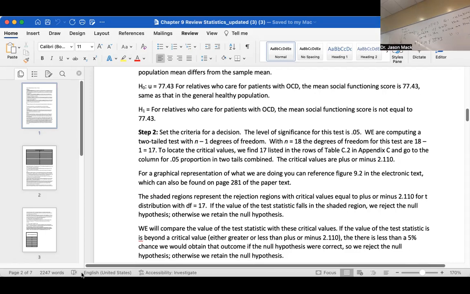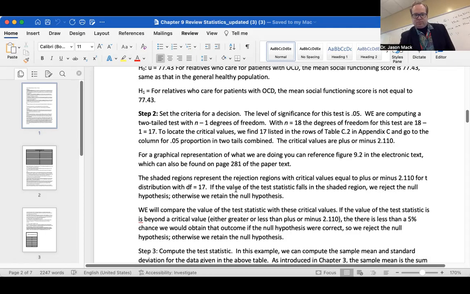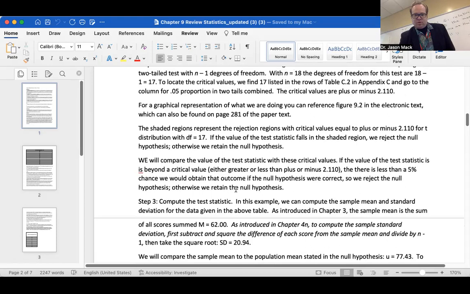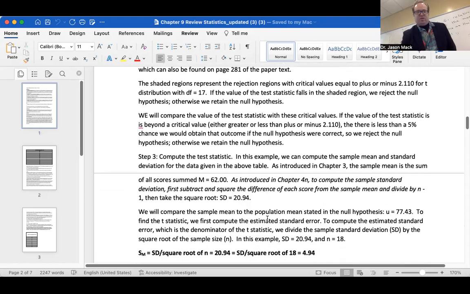So we have our critical t value. We're going to figure out what our t obtained value is now. Step 3, compute the test statistic. In this example, we compute the sample mean and the standard deviation for the data in the table as in chapter 3.